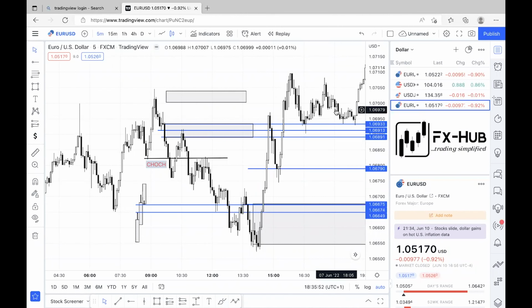Having identified the zone where strength started from, you have to look for an imbalance, a poorly or inefficiently traded area, believing that the market will come back to close their door before continuing the move. A very good analogy I use to drive home the point is just like you were starting out on a journey, or you've left your house already, and you just remember that you've not closed the door. The first thing that is needful of you is to go home, close that door, and continue your journey.